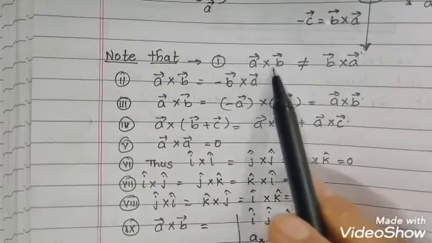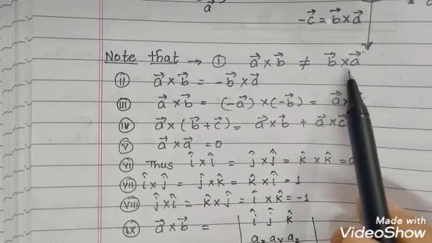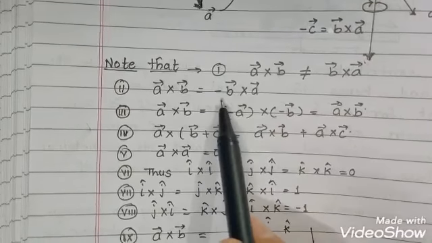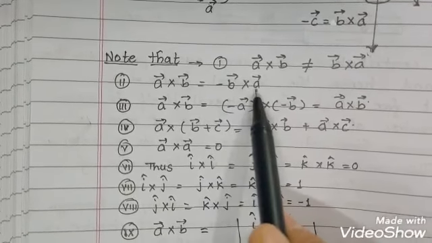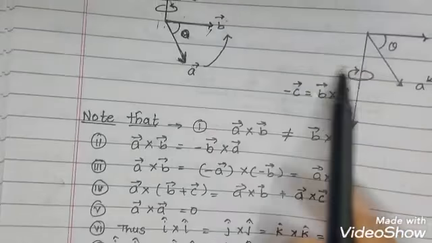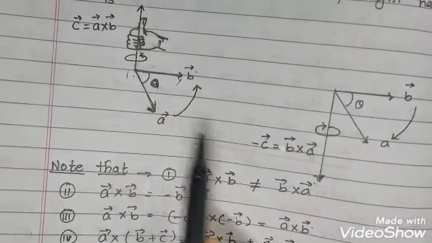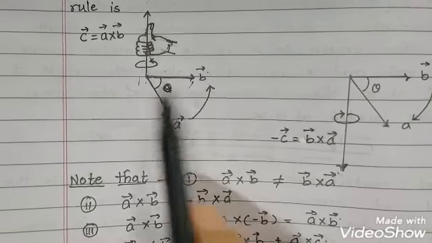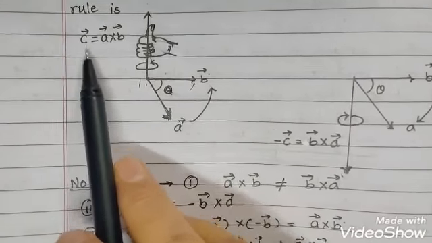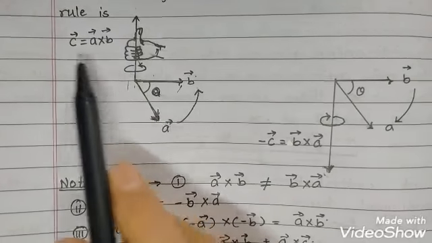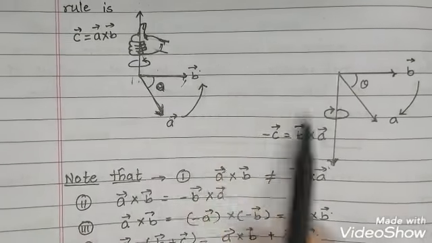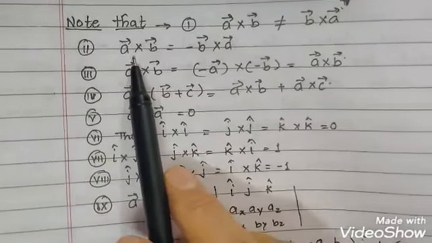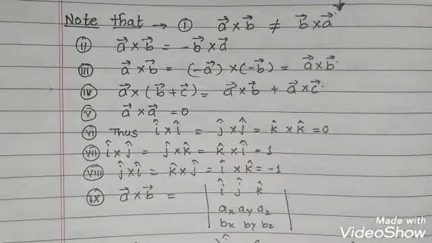That means A cross B is not equal to B cross A, but A cross B is equal to minus B cross A. As you can see here, the resultant will be in the opposite direction, so this will be the minus C we have written, and this is C. The C vector and the minus C directions are opposite here. So we can write A cross B is equal to minus B cross A.